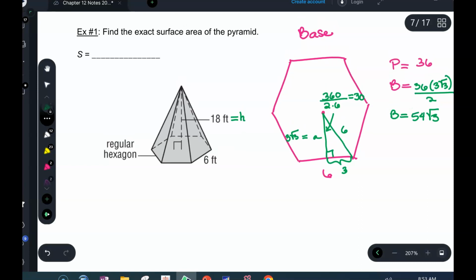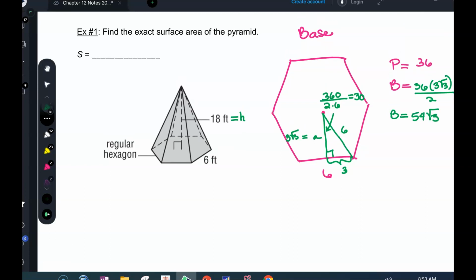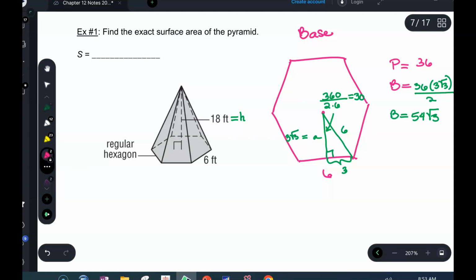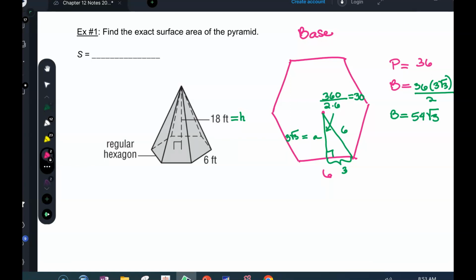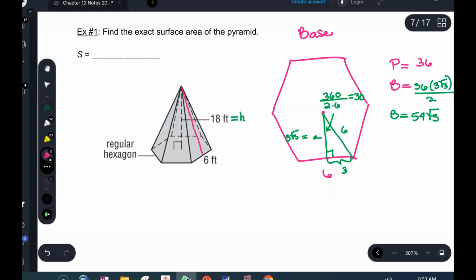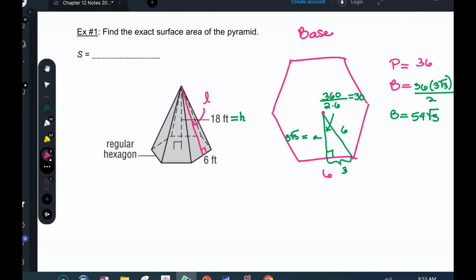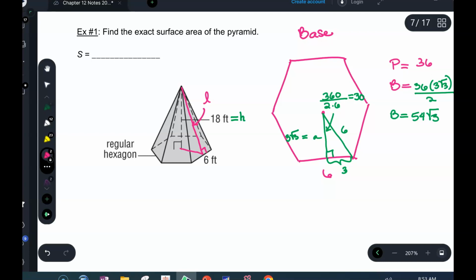I'm going to give you a formula that relates. Here's what I'm going to do, and you have to kind of visualize this three-dimensionally. If I draw one slant height here, I use a cursive L for slant height, and this is a height, and then I'm going to draw this, my apothem.